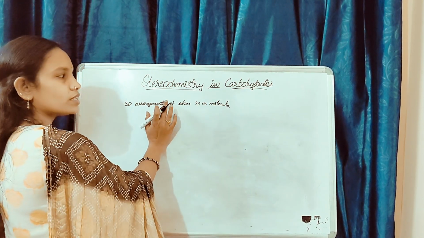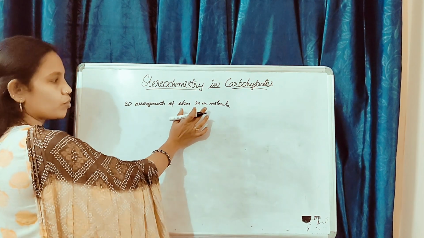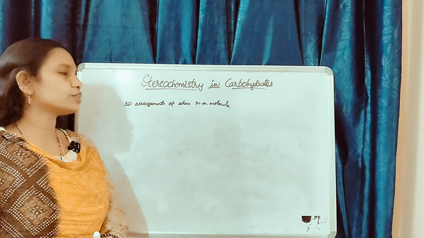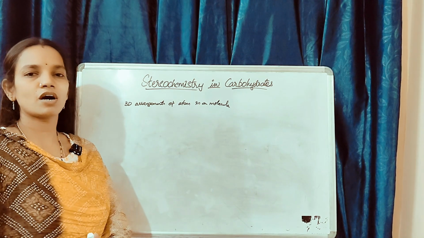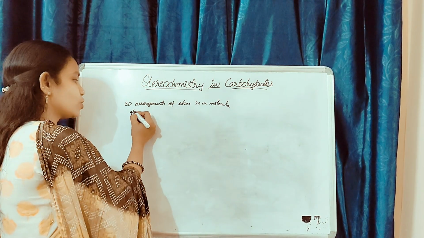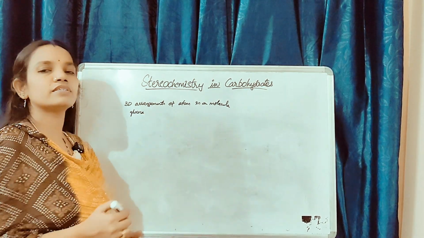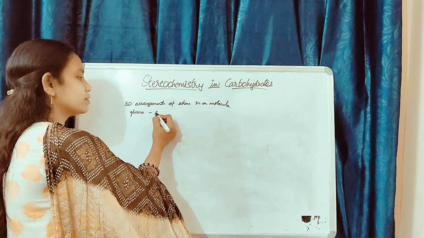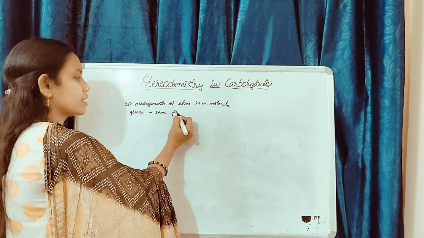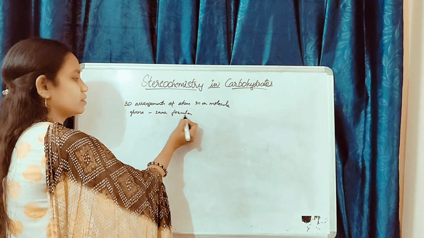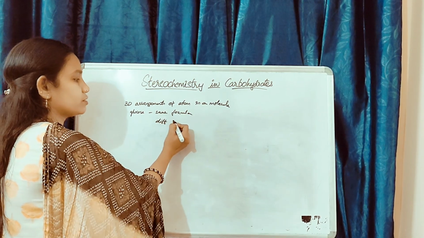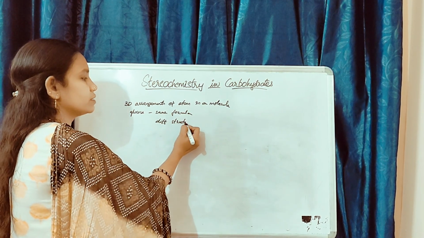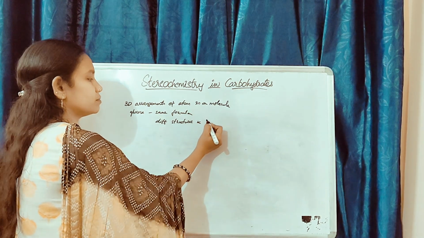Now we deal this concept especially in carbohydrates, right? So here this stereochemistry helps us to understand how the molecules like glucose can have the same formula but different structures and properties, right? Why it is?